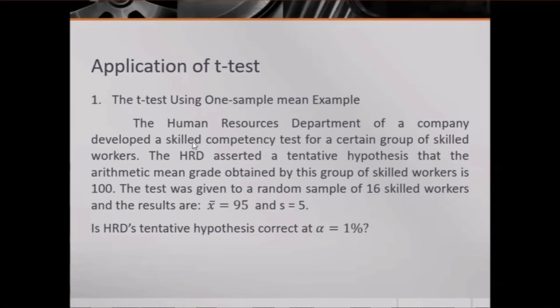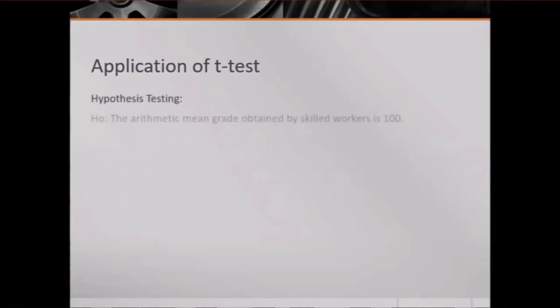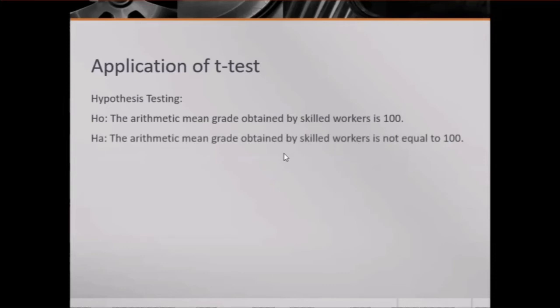Ayan. So ito ay Human Resources Department. So tingnan natin kung ano ang magiging null hypothesis at alternative kasi dito sa ating situational problem. So ang hypothesis natin, the arithmetic mean grade obtained by skilled workers is 100. Yun yung ating null hypothesis. So kaya ang magiging kanyang symbol, kung siya ay 100, so is equal to 100.